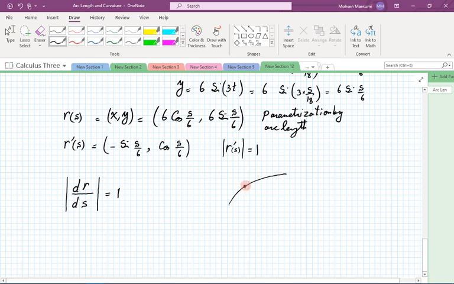When you go from one location to another location, your dr is this vector. ds is the length of this piece of your curve.